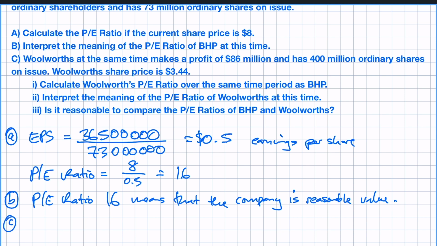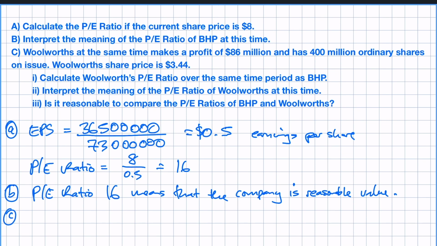C. Woolworths at the same time makes a profit of 86 million. It has 400 million ordinary shares on issue. Woolworths share price is $3.44. So it's asking you to do that again for Woolies. Earnings per share. Profit of 86 million, divided by 400 million.